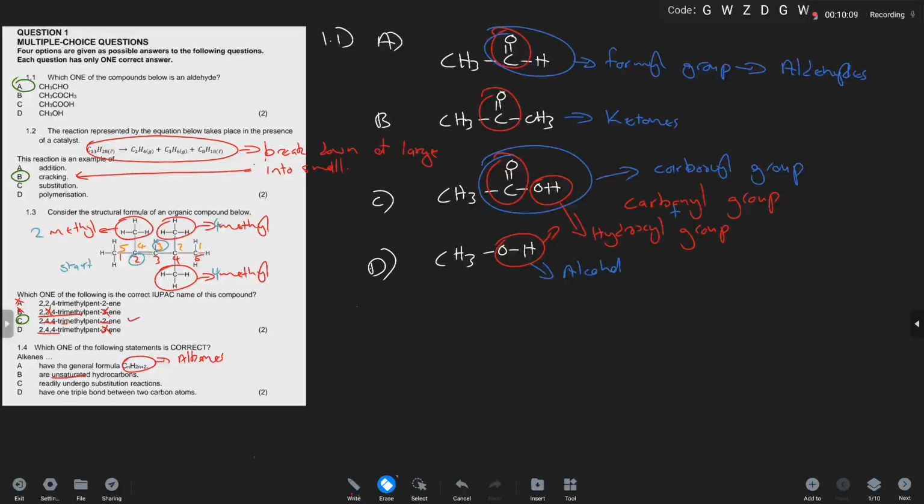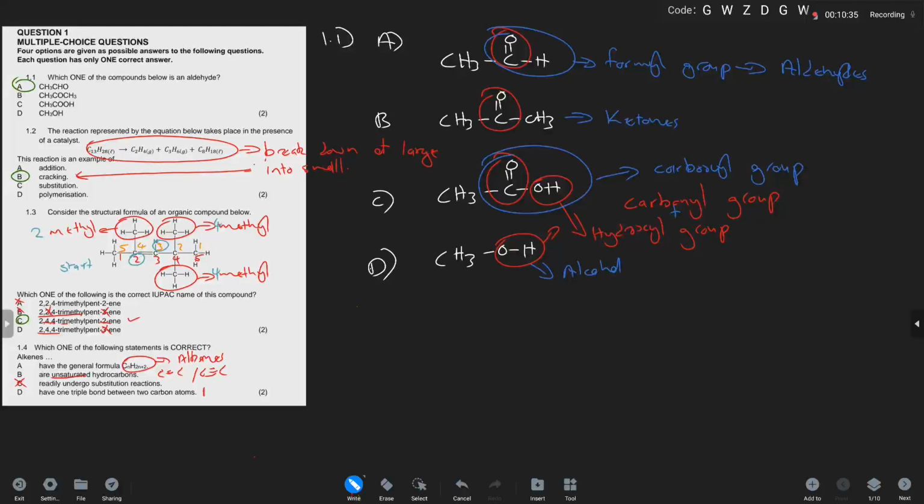So we have alkenes, which is C double bond C, and alkynes, C triple bond C. Because of multiple bonds between carbon atoms, they are said to be unsaturated. And then we have C, which readily undergoes substitution.